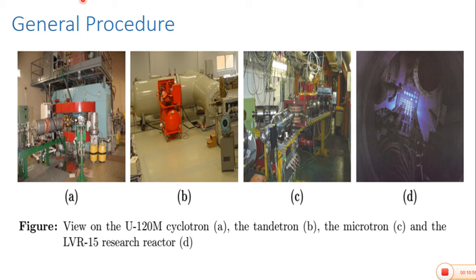This is a cyclotron, the main source of neutron production. This is a view of the U-120 mega cyclotron. This one is A, and B is, sorry, overall this is a cyclotron, and this is a tentron B, and this is a microtron, and they actually process the flux of the neutron.